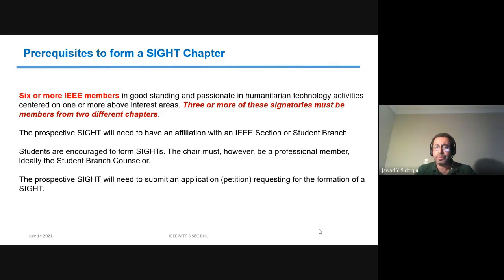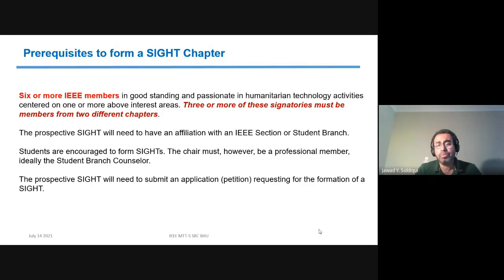The cooperative SIGHT chapter will need an affiliation with an IEEE section or student branch, as you know, because IEEE has a hierarchy of organizational units: the section, and then the chapter, the student branch chapter, and so on. Students are encouraged to form SIGHT groups, and the chair must be a professional member. The members could be student members, but the chair of the SIGHT chapter must be a professional member.